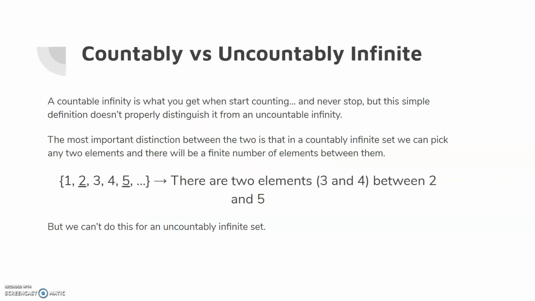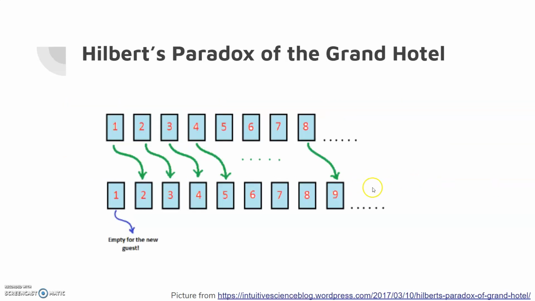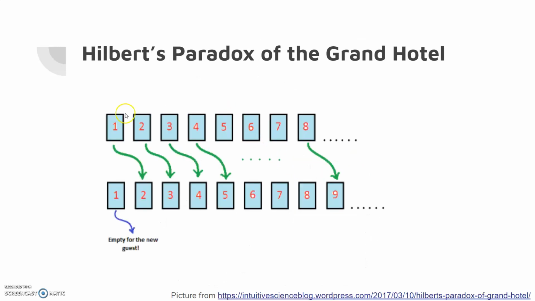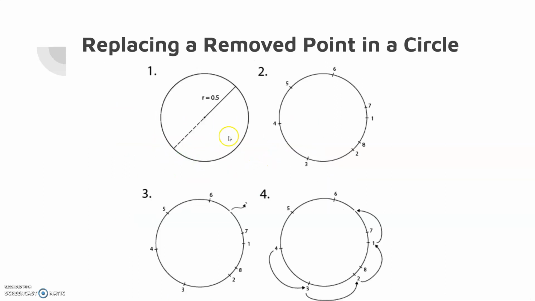Anyways, now we're going to get into countably infinite versus uncountably infinite. In the previous slide, Hilbert's paradox of the Grand Hotel and the circles follow the same logic, but they're not actually the same. There's a countably infinite number of guests and a countably infinite number of rooms for the guests to fill.